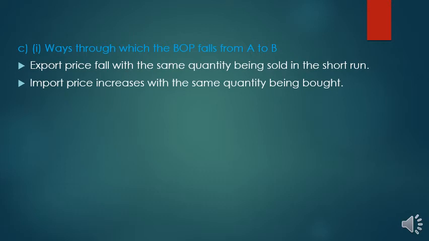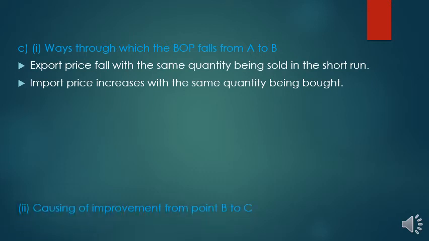If the amount that goes out is more than that which comes in, it is unfavorable. But this case is telling us that after devaluation, in the short run, immediately, the amount of currency going out will be more than that which is coming in. Why? Because the import prices are increasing, with no change in what? Quantity that's being bought.